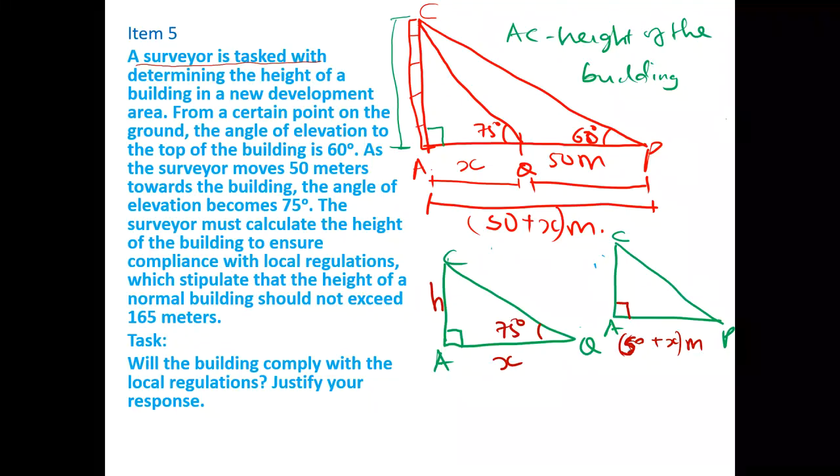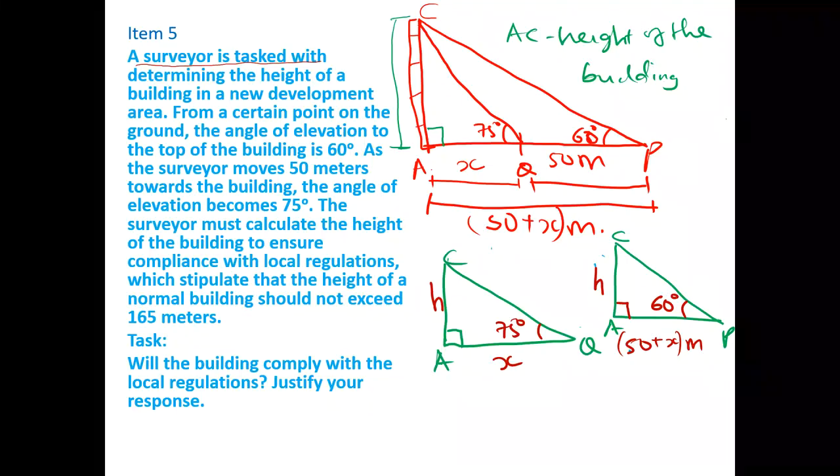The base is 50 plus X meters, and the height still remains H, with an angle of 60 degrees. Now, how can I find the value of H here? As long as I have opposite and adjacent, it is better I use tan.